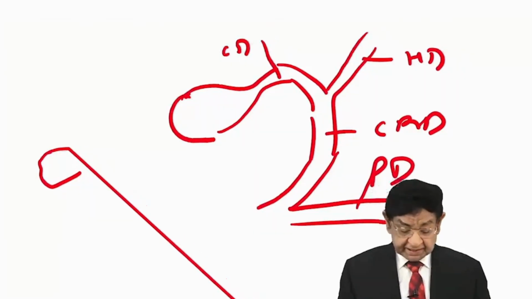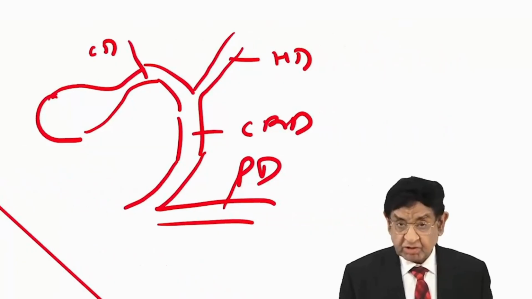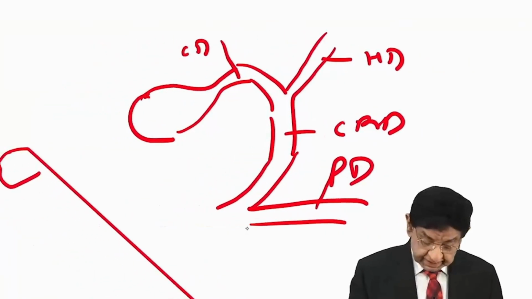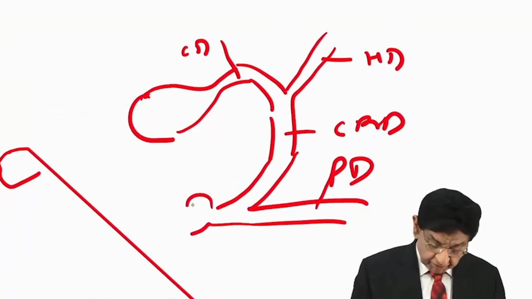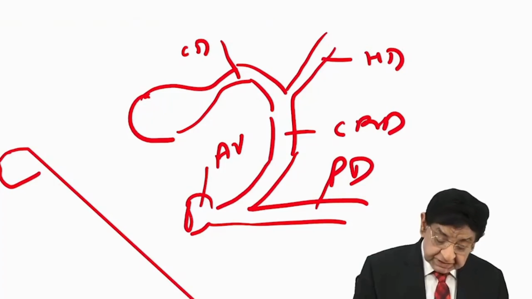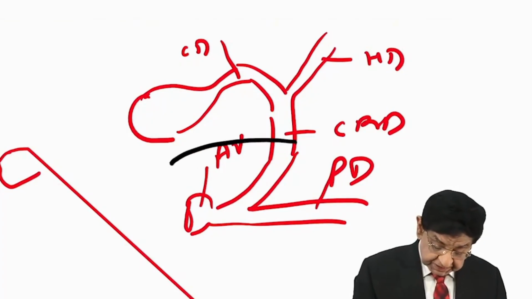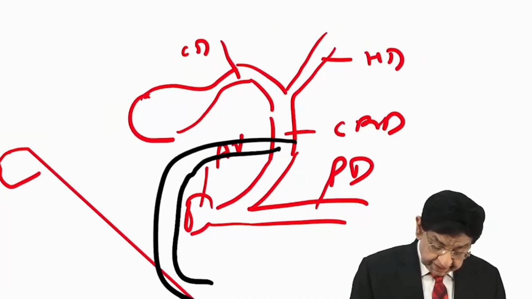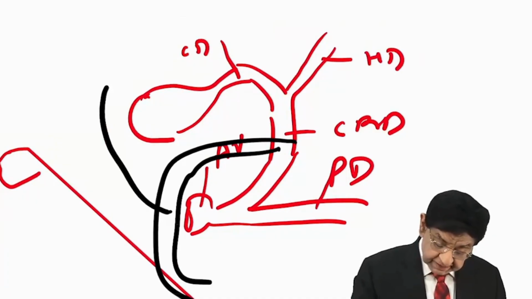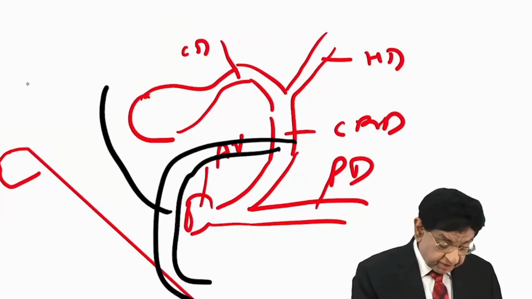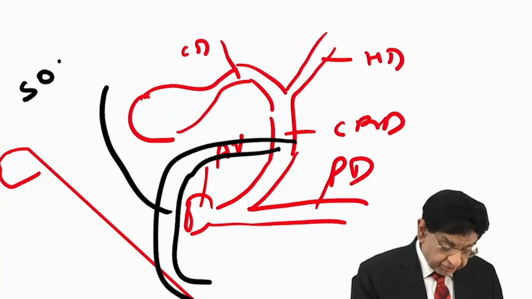PD is the pancreatic duct, CBD is the common bile duct, and ultimately it makes the ampulla of Vater. This is the ampulla of Vater, and that opens into the second part of the duodenum, which is coming like this, and this opening is known as the sphincter of Oddi.